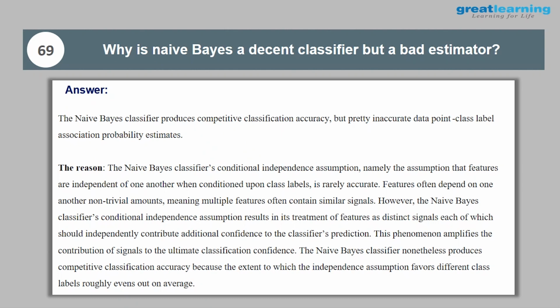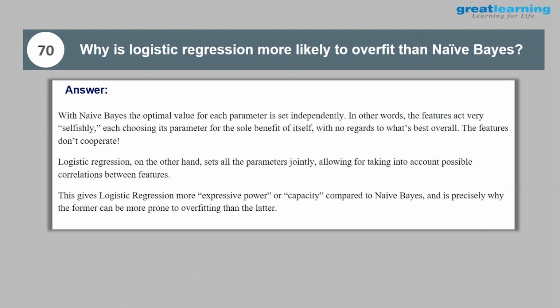This phenomenon amplifies the contribution of the signal to the ultimate classification confidence. The naive Bayes classifier nonetheless produces competitive classification accuracy because the extent to which the independence assumption favors different class levels roughly evens out on average.